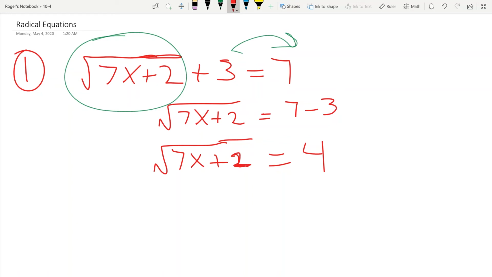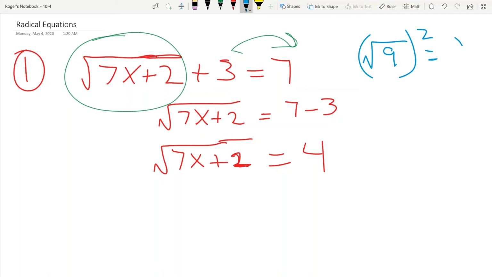Now, when you get to this point, you can see here that the square root of 7x plus 2 is the principal square root, so it should be a positive number. If we square this thing on both sides, what happens when you square a square root? If I have the square root of 9 and I square it, what do I get?